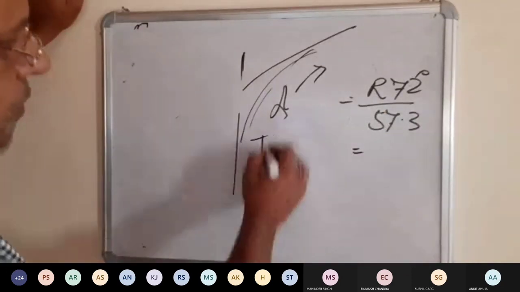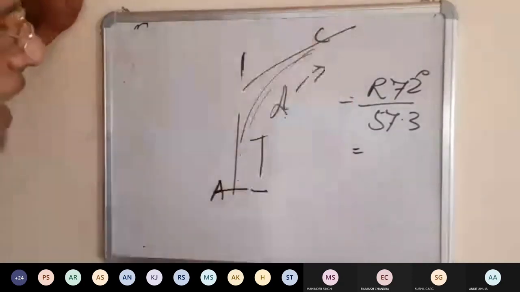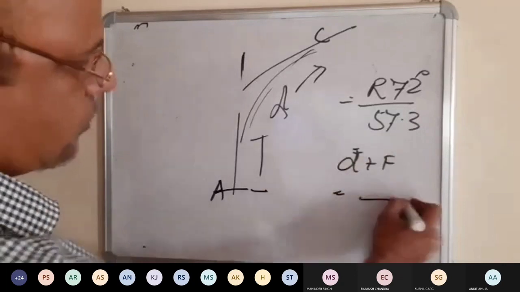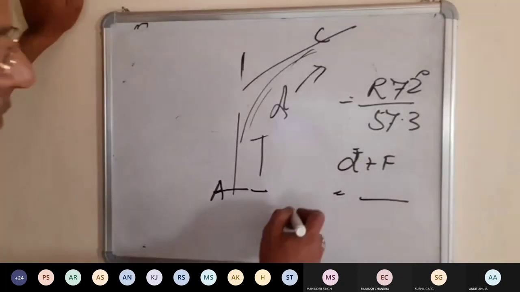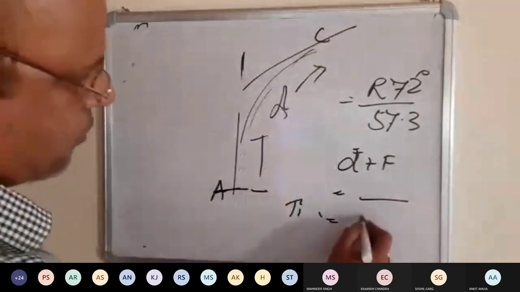Total distance from here to here, put point A to C, whatever names you want to give. Total distance is equal to D plus F is equal to so and so. Time taken to cover from A to C is equal to so and so.